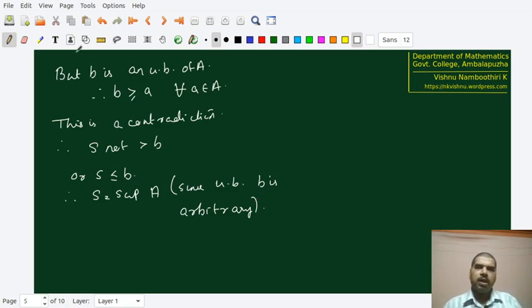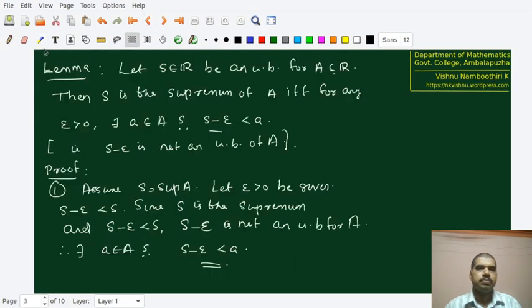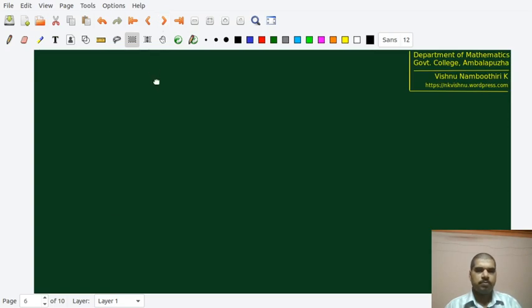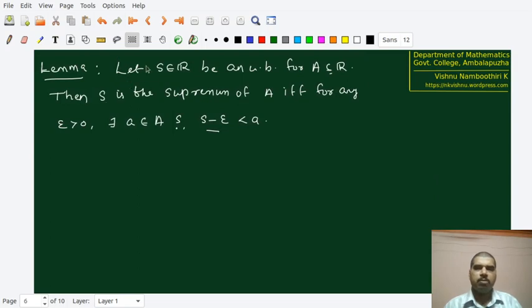Now, what can be an analogous statement for infimum? Maybe we can state something like this. We will slightly modify this.